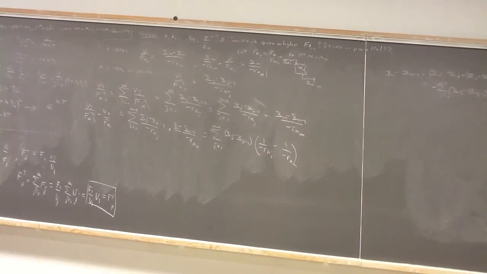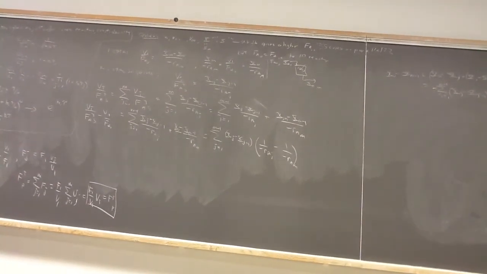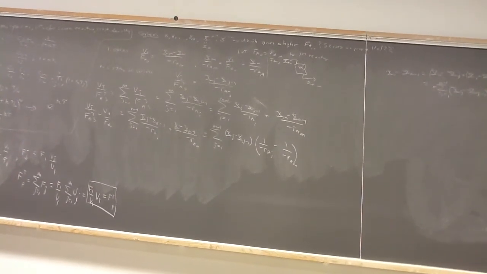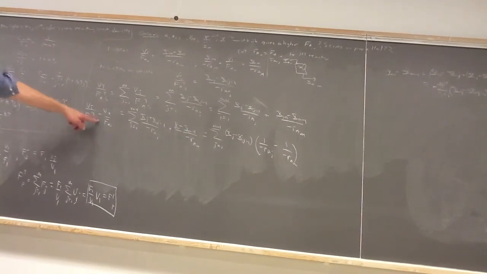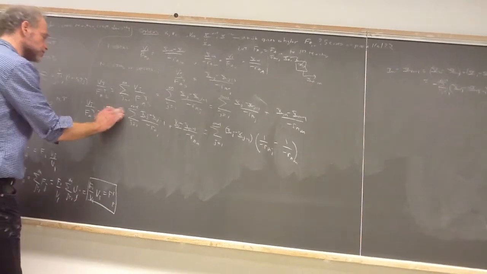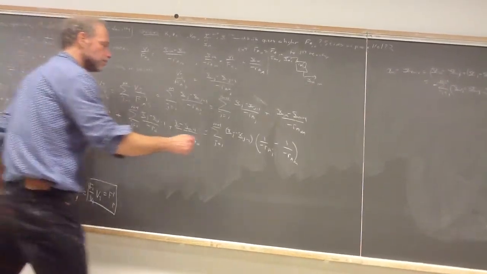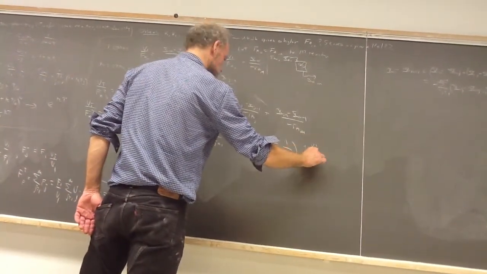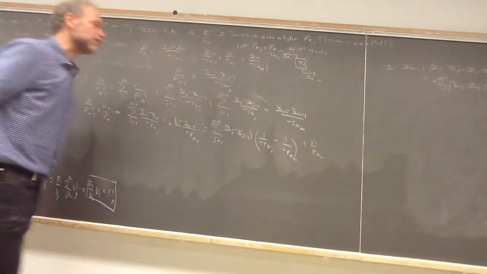Okay, so now I'd like to rearrange this. So let's bring this back to the other side of the equation. I don't know why I brought it to this side. I could have left it on the other side. So let's leave it there. But now I'm going to divide by that.